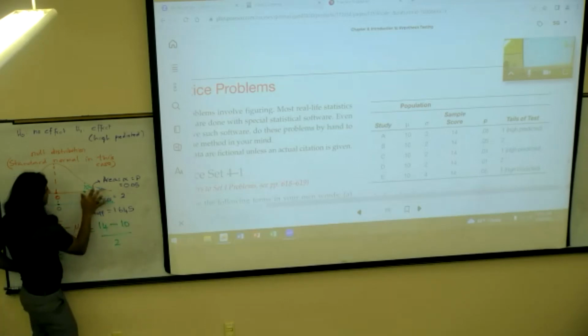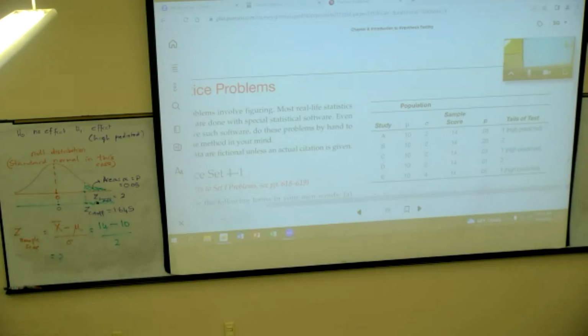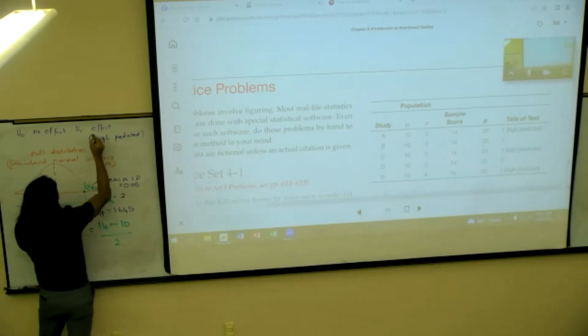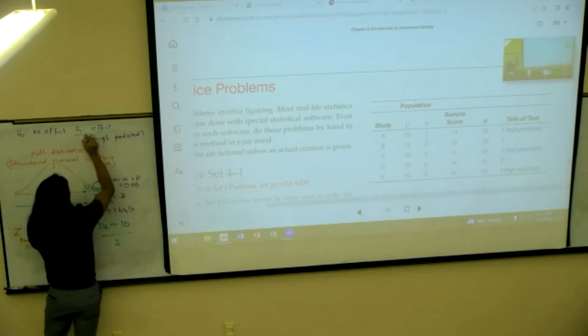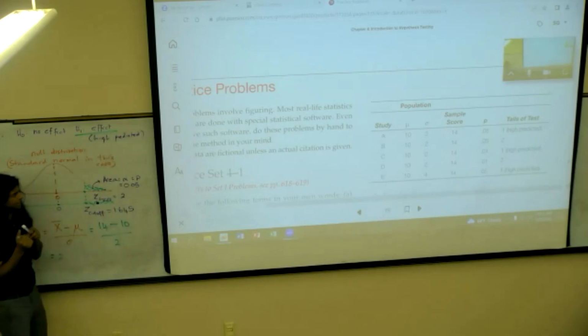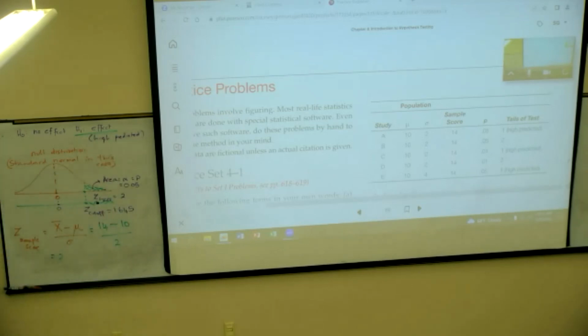Don't have to write this. First, do we follow? So here, the sample is providing evidence toward the alternative that there is a high. That's study A. Going to underline.